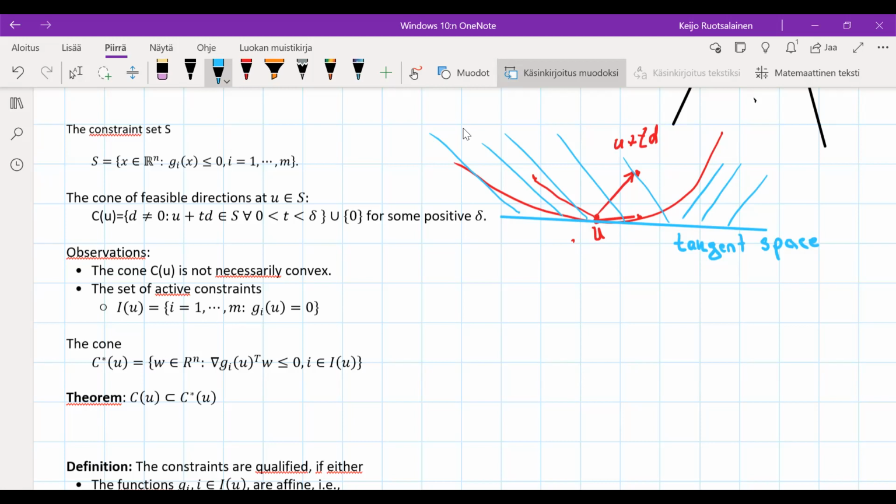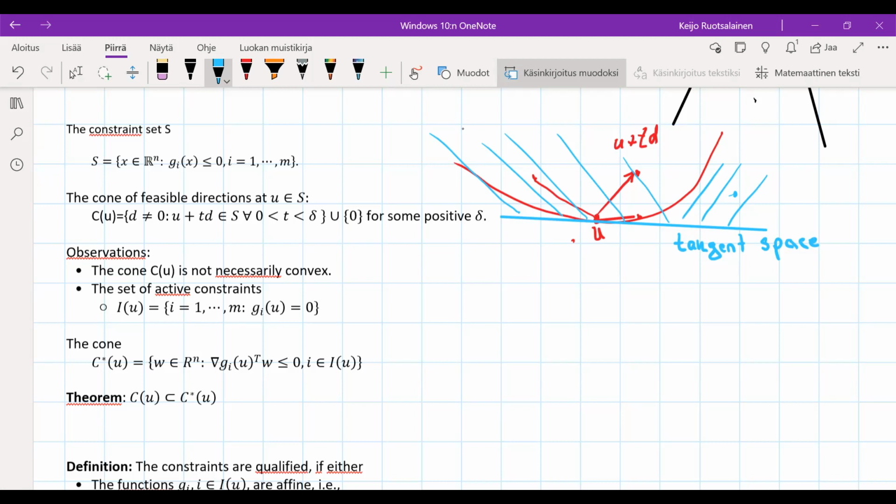It contradicts our understanding that, okay, if I take a point here, it is outside our constraint set. But remember that in my definition, this number t is small.